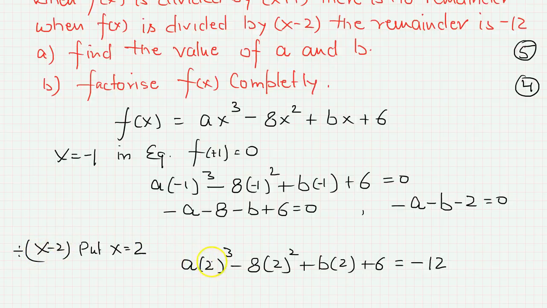2 cube is 8a minus 8 times 4 is 32 plus 2b plus 6 is equal to minus 12.